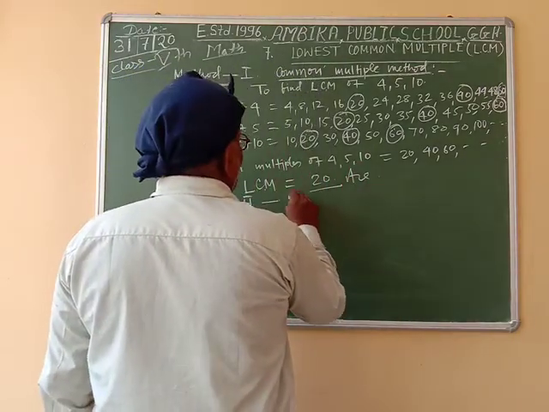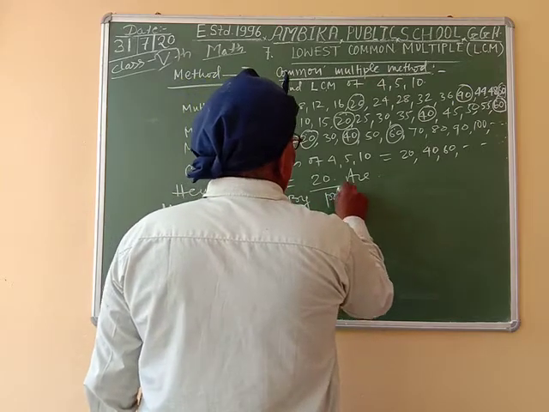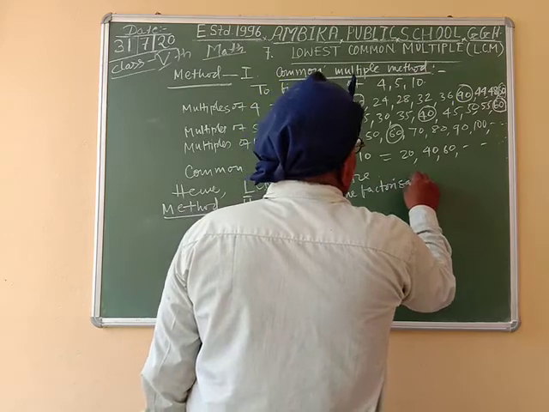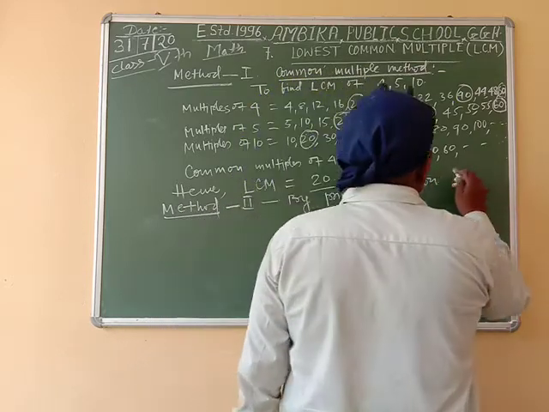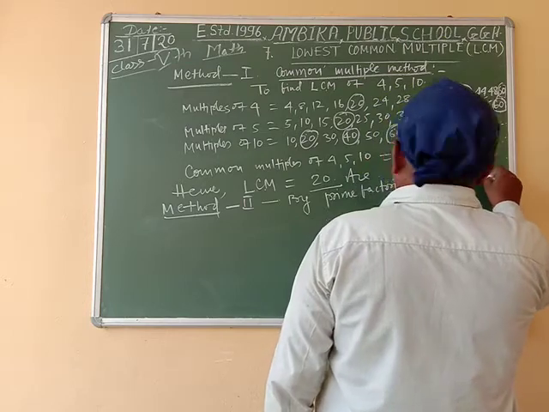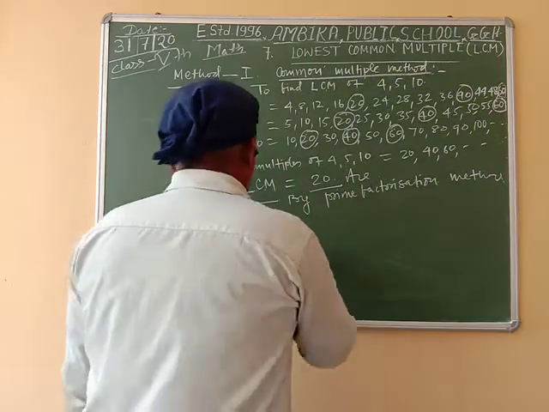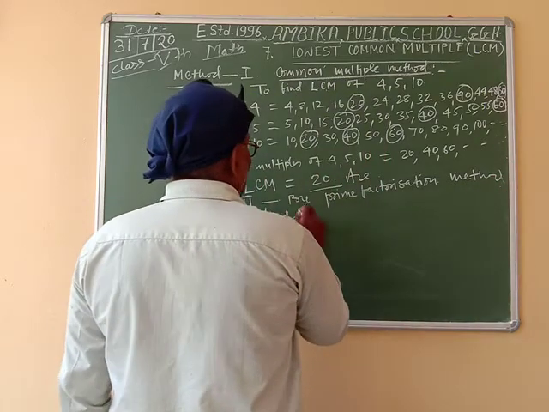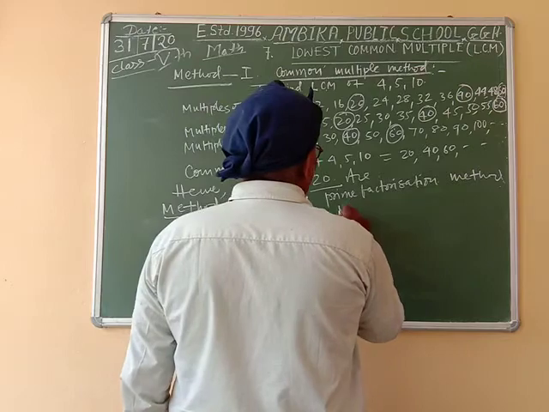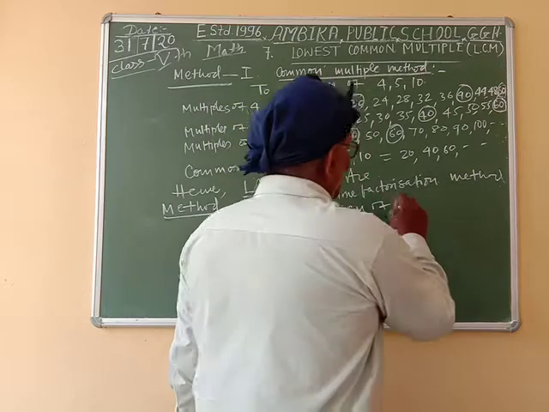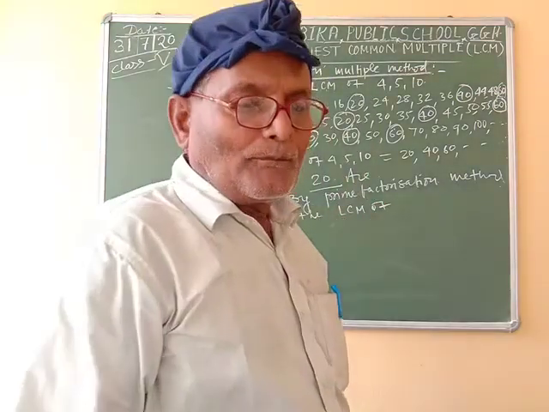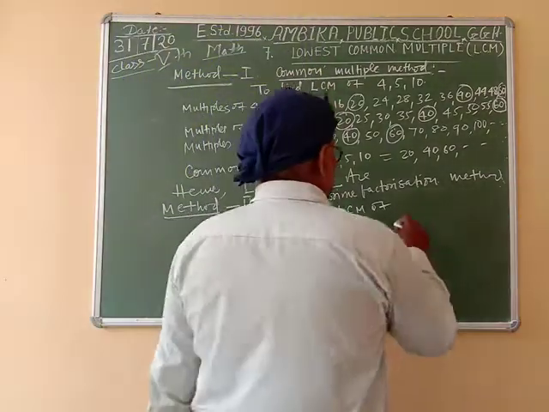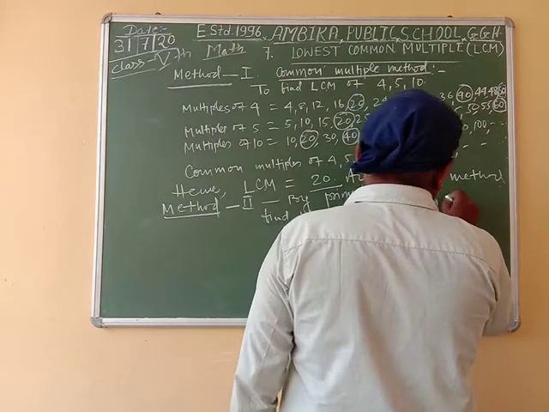By the prime factorization method, find the LCM of 18, 24 and 36.